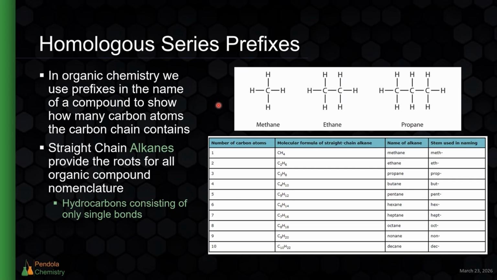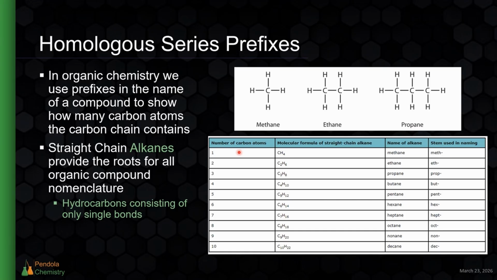Now, when we name different compounds, whether they're alkanes or some other type of compound, the name for the alkanes are going to become our root. They're going to become the name that we grab and we change as we go through organic compounds and functional groups. So the main set of alkanes are named based on the total number of carbons in their backbone.